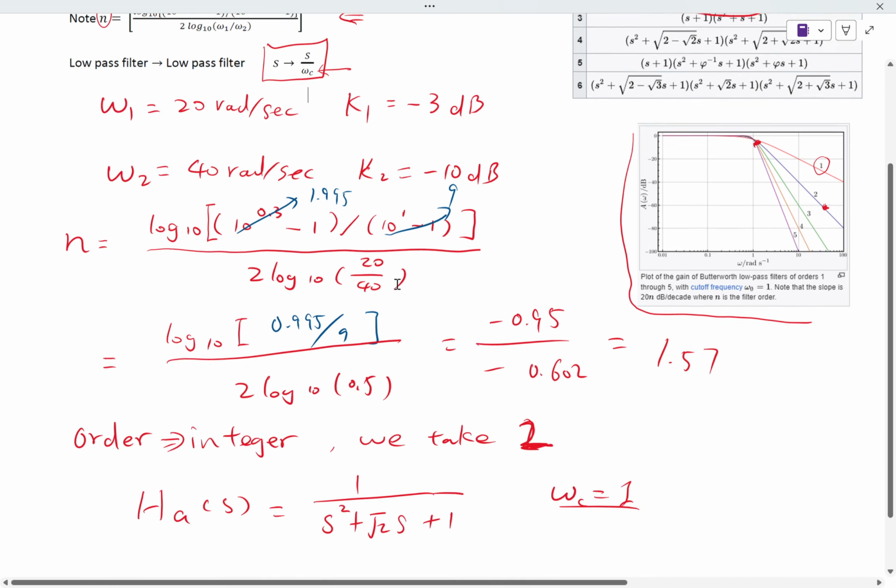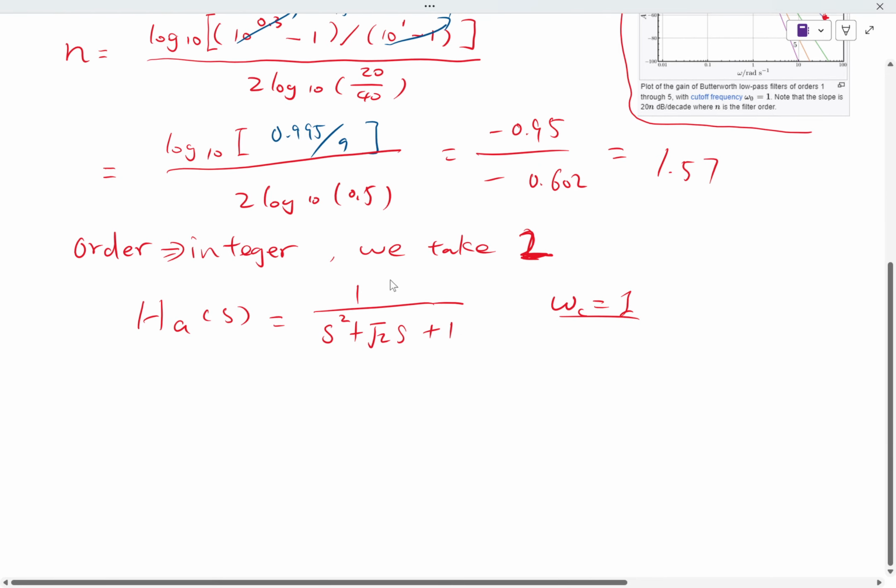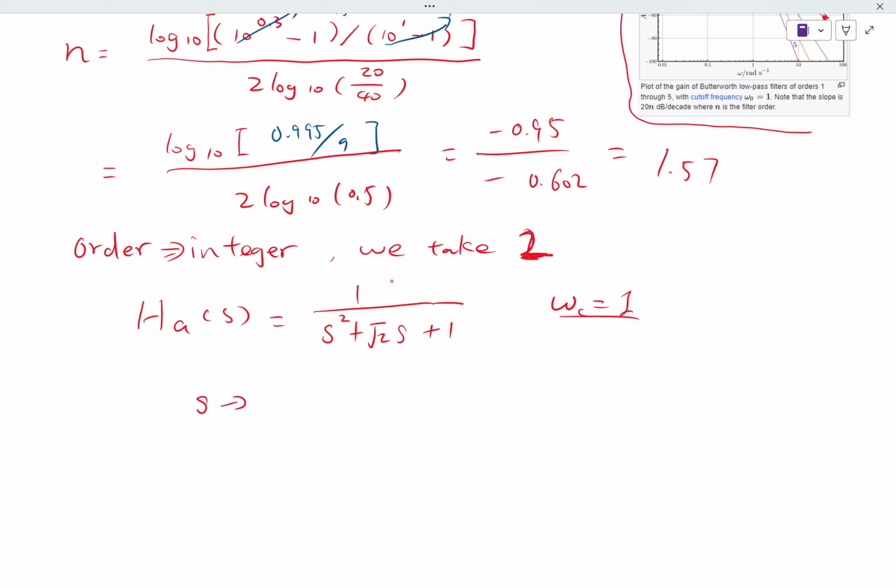This template can also be used to design a high pass filter or band pass filter, where S will equal a different thing. So here, you replace S with S over 20. So the new one, H hat S, equals 1 over (S over 20) squared plus root 2 S over 20 plus 1.